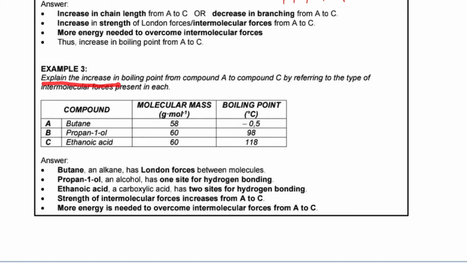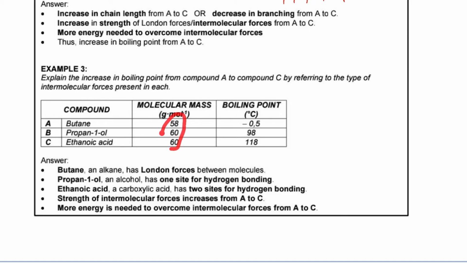Example 3 says explain the increase in boiling point from compound A to compound C by referring to the type of intermolecular force. When they tell you to refer to the type of intermolecular force, you state the intermolecular force of each of them. Now, if you look at compounds A to C, we have butane, which is an alkane, propan-1-ol, which is an alcohol, and ethanoic acid, which is an acid.